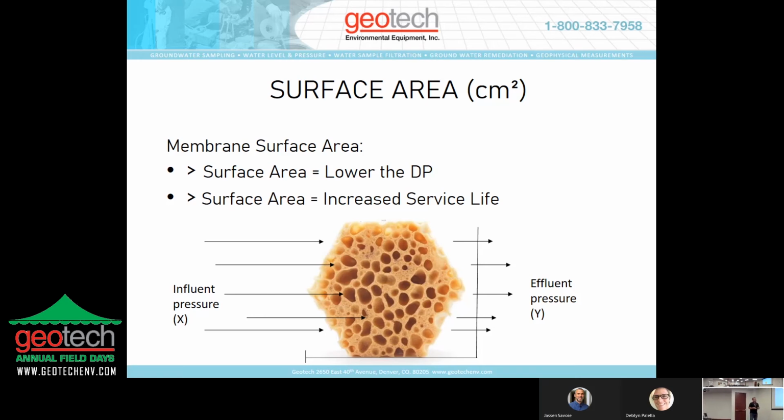Delta pressure as well. What is it? Greater the surface area, lower the delta pressure. So if we're running a very small filter, the change between influent pressure and effluent pressure is going to be a lot greater than on a larger filter.